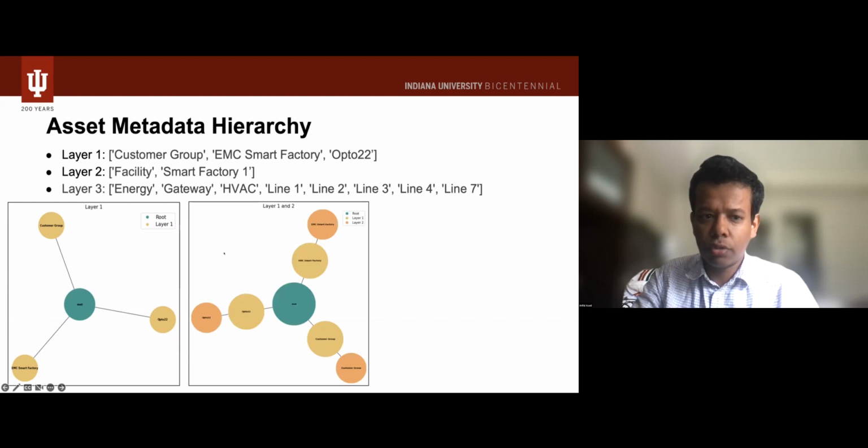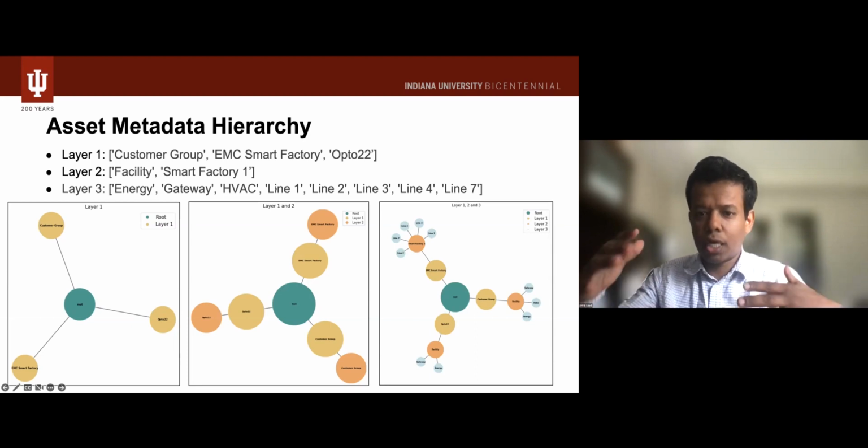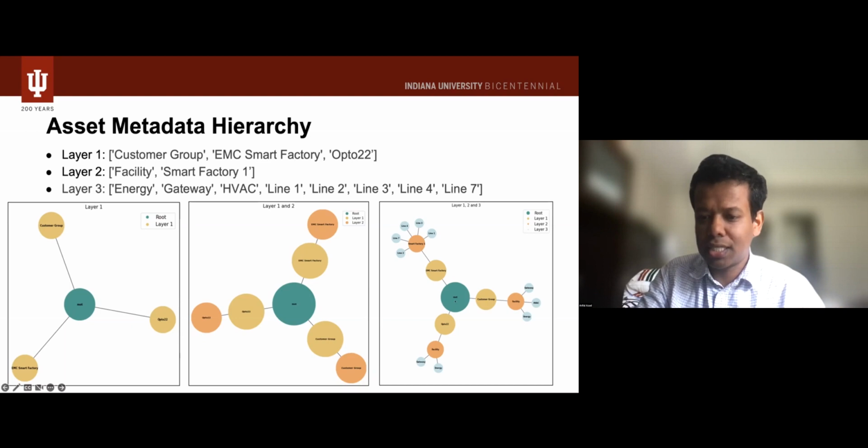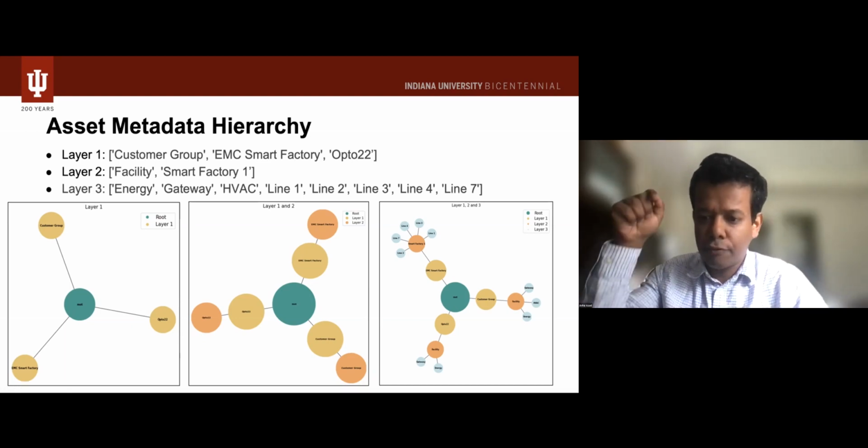Then at layer 2, for each of these categories, we have 2 branches as well: facilities and smart factory 1. And then for each of these groups, we have other categories like energy, gateway, HVAC, line 1, and so on. So we are at level 3, and you can see this is like a tree structure. You can follow from the root to different branches.